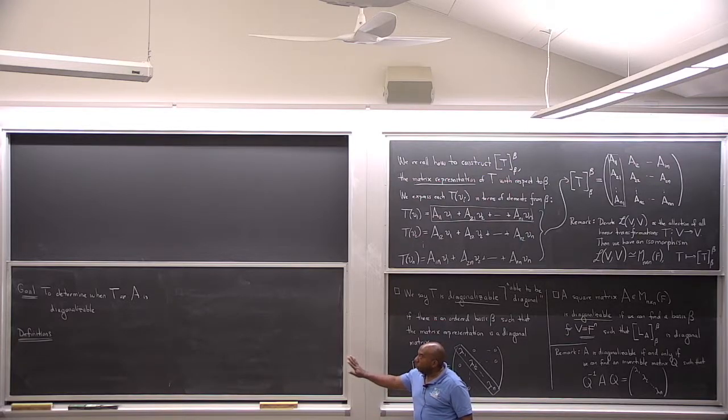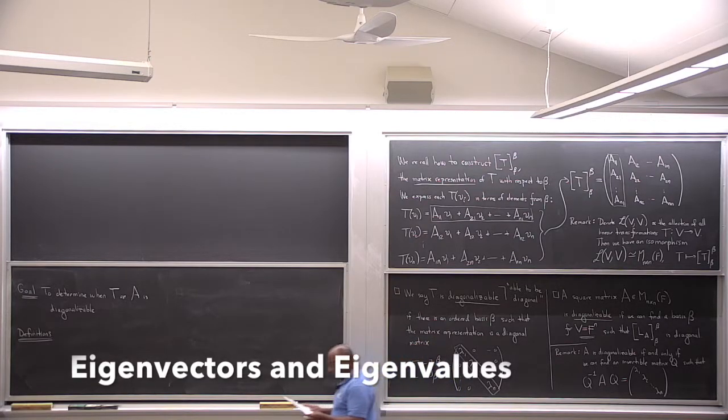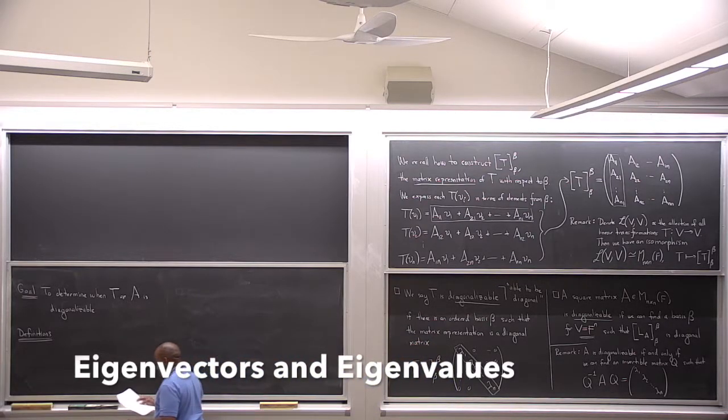So we're going to start this process by getting into what are called eigenvectors and eigenvalues. So let's make this definition here.